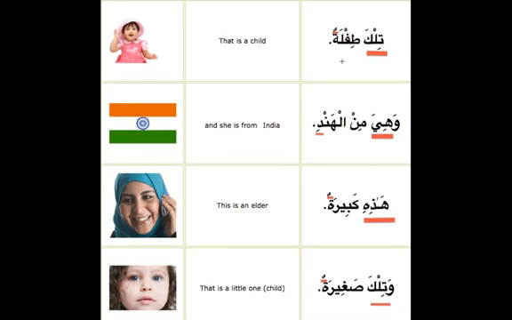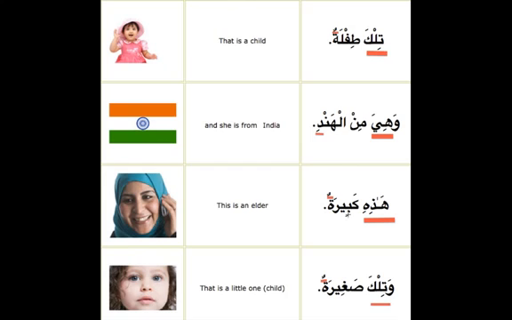Same thing here, same concept. Tilka, that is a child. Tilka tiflatun. Tiflatun is a category, it's not the name of a lady. So we get double dhamma. Tilka tiflatun, and that is a child. And she is from India. Wahiya min al Hind. And this, we're using this for an elder.